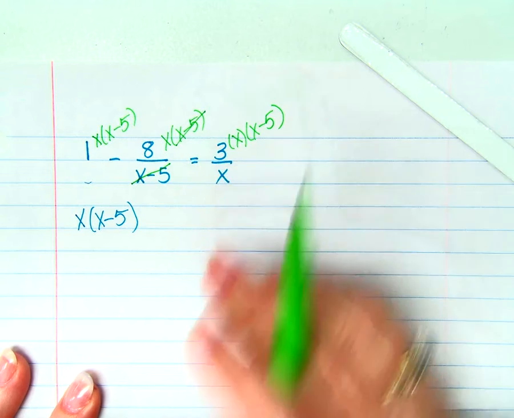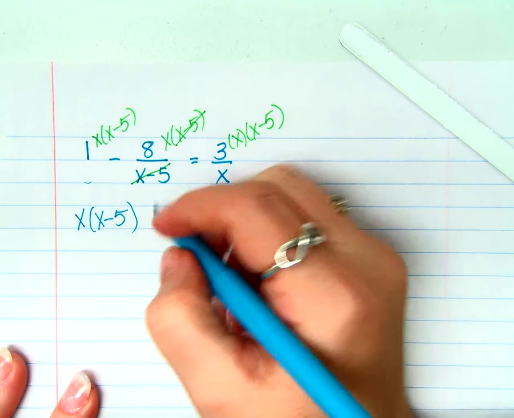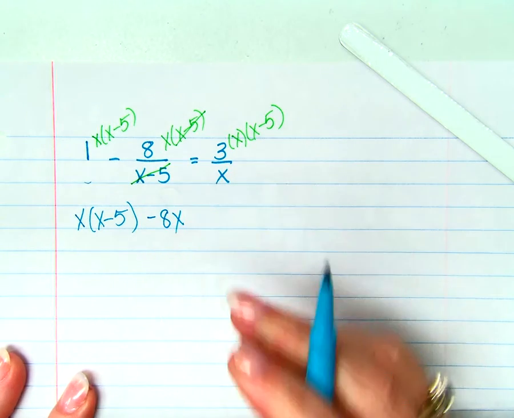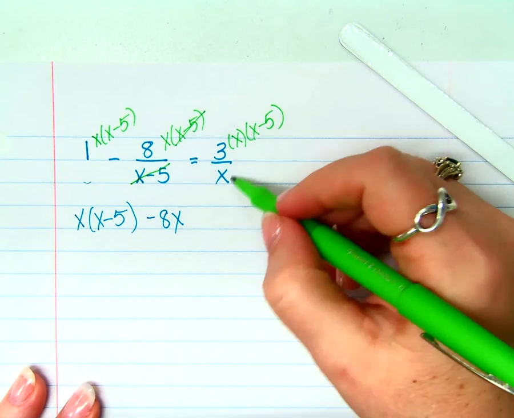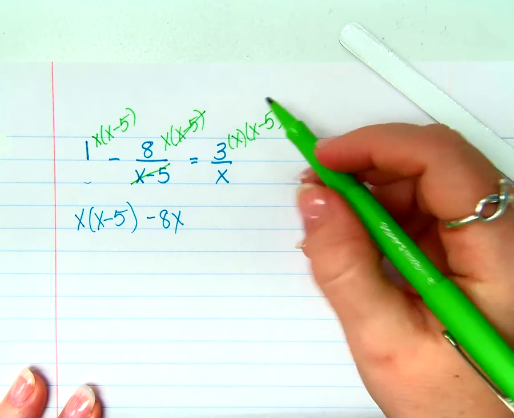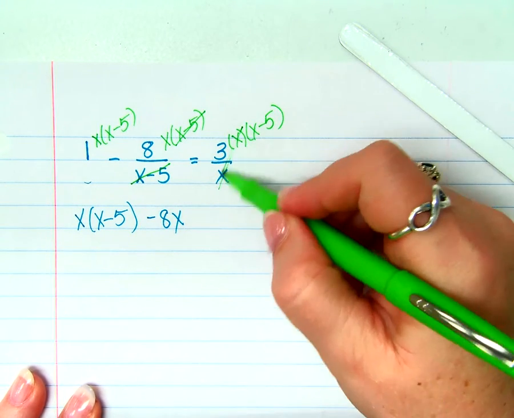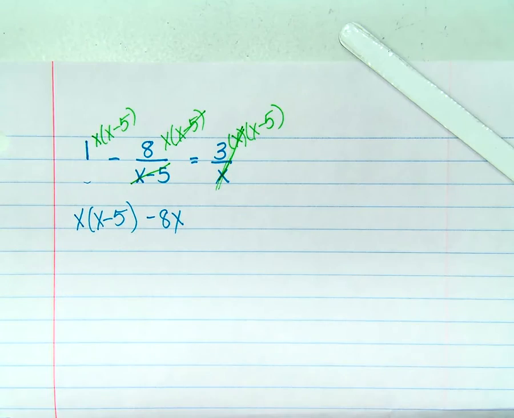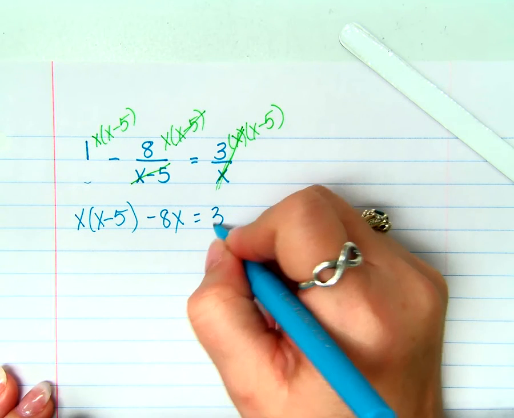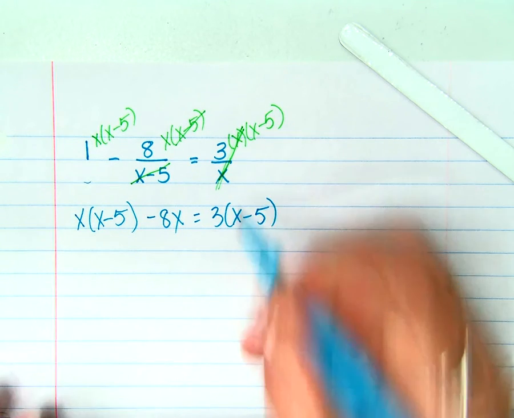X minus 5's. What's left? Minus 8x. What simplifies here, if anything? The x. What's left? 3 times x minus 5.